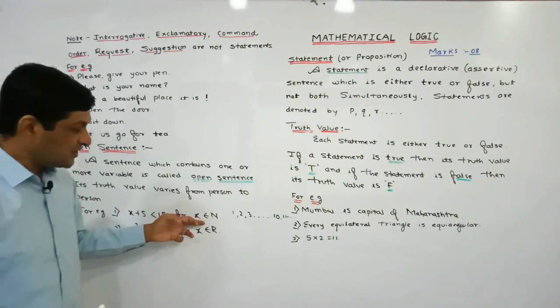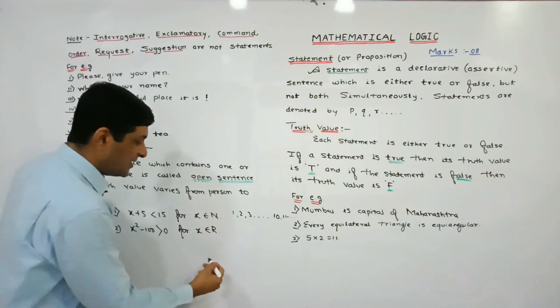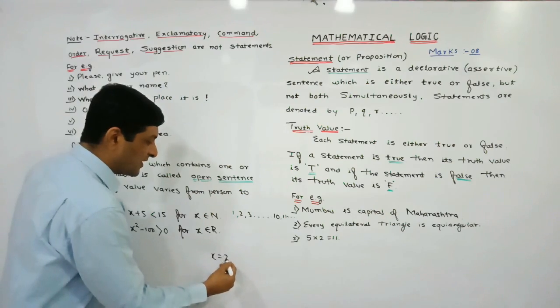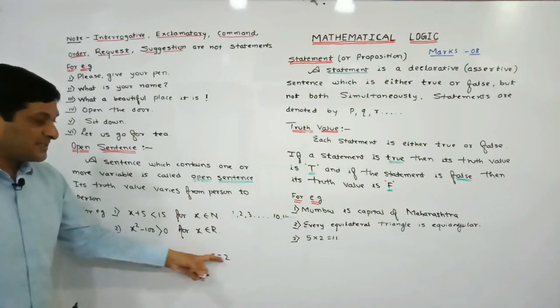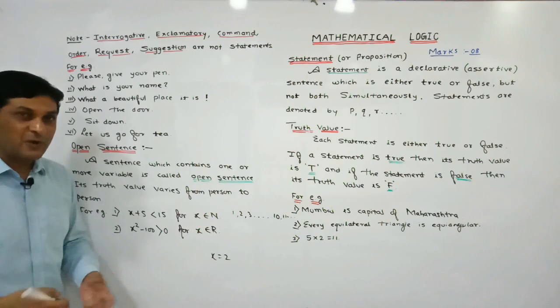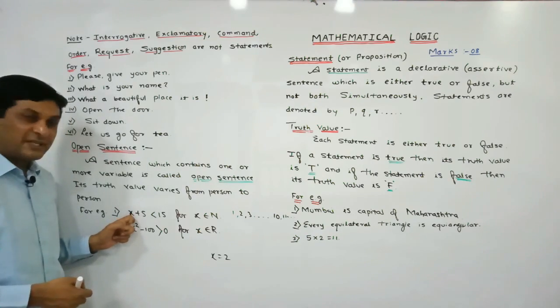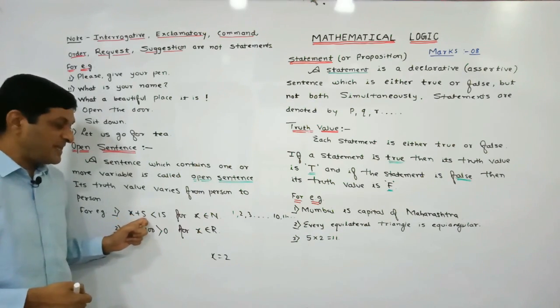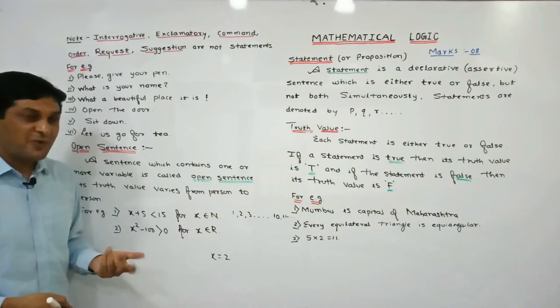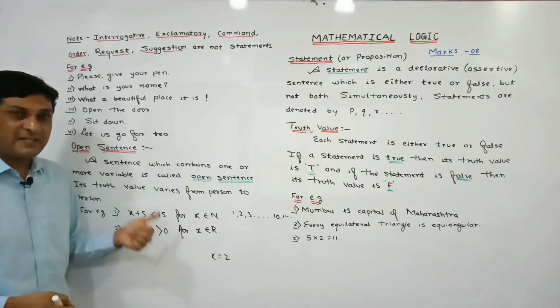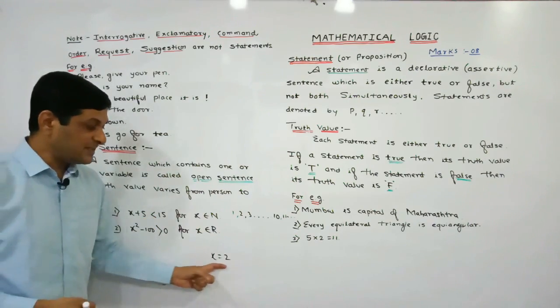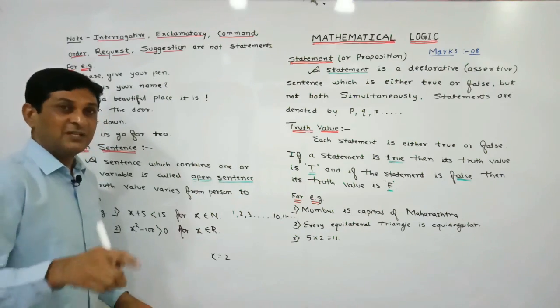If suppose that instead of x belongs to natural numbers, it is given to us that x is equal to 2, for x equal to 2, at that time let us see what result we are getting. If I substitute x equal to 2, 2 plus 5 is less than 15, is it true or false? Yes, 2 plus 5 is 7 and 7 is less than 15, meaning for x equal to 2 we can say that this is true.